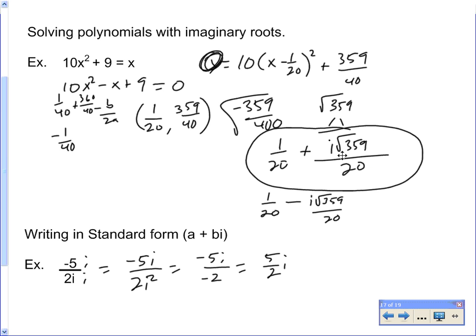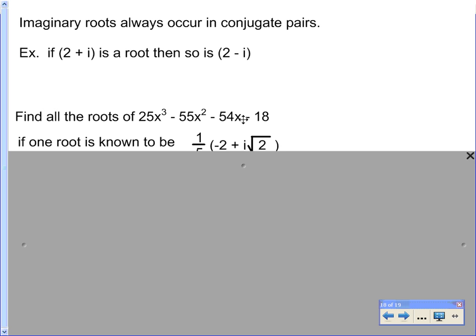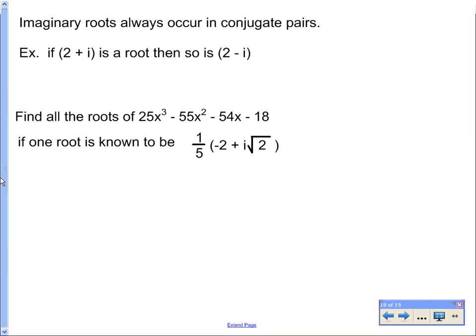If you have one complex root or one imaginary root, the other one is going to be its conjugate. So you're just going to change the sign between the real and imaginary part to get the other one. So if 2 plus i is a root, then so is 2 minus i. So we can use this to help us find all our roots if we know one.